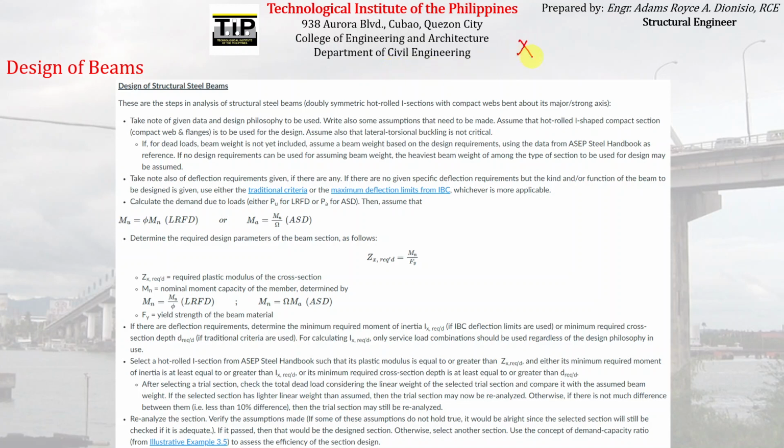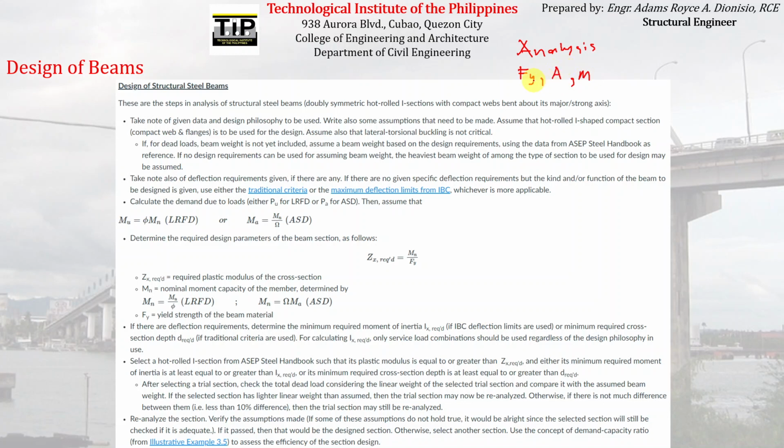For analysis, usually we are given a certain allowable stress as well as a certain section with an area, and then we are asked to find out the capacity, or the moment capacity M, with respect to the steel beam.